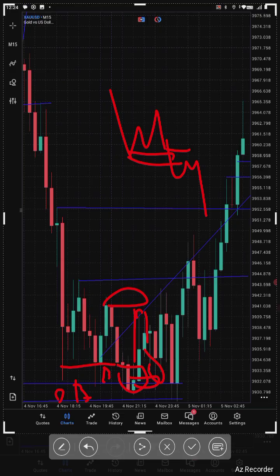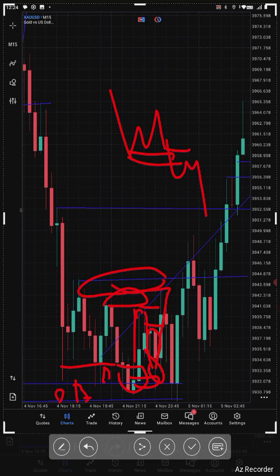So it still did not break here, and then they had the power to push up and retest the OB here, but it still does not have the power because these two candles are not strong enough to break here.